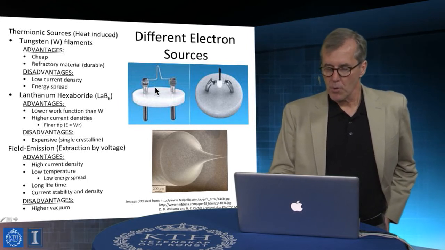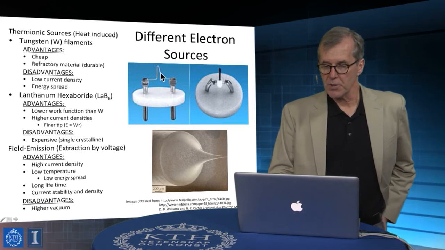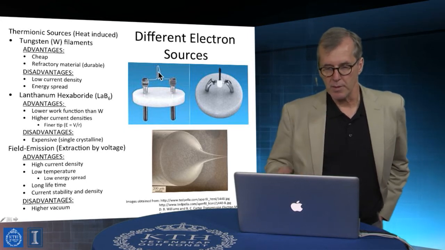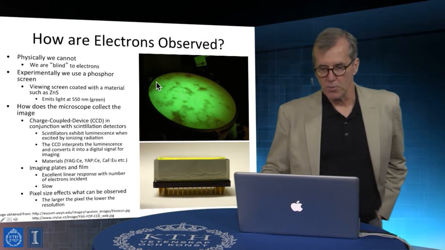And more routine analytical instruments might, for example, use an emitter source that's based on a tungsten wire.